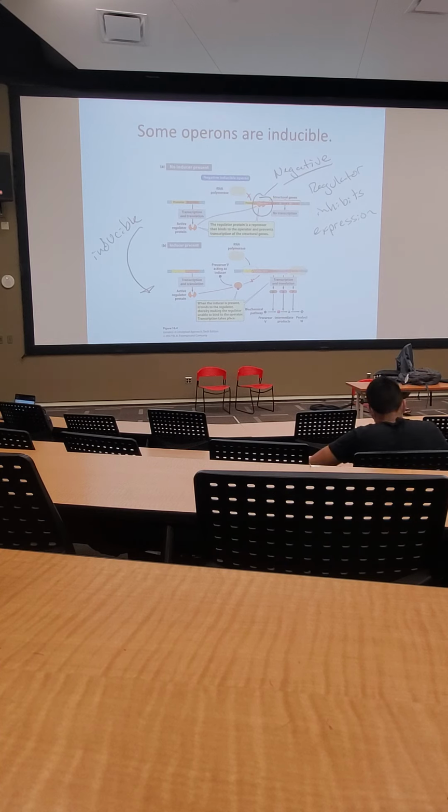So the next couple of slides are going to be on repressible, negative repressible. Well, let's just think about it. Does anyone have a guess about what a negative repressible operon is going to look like?